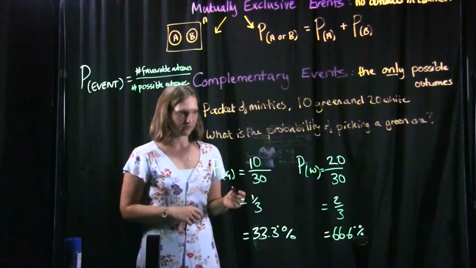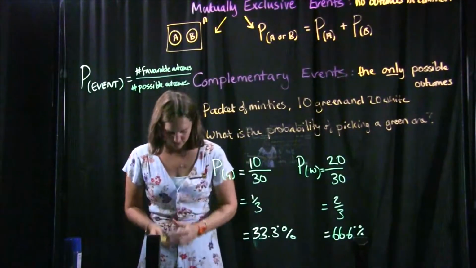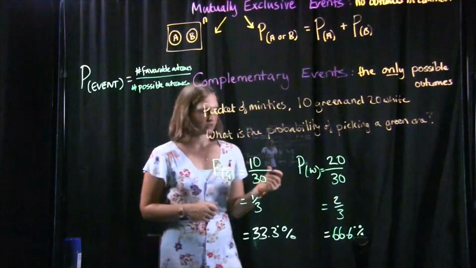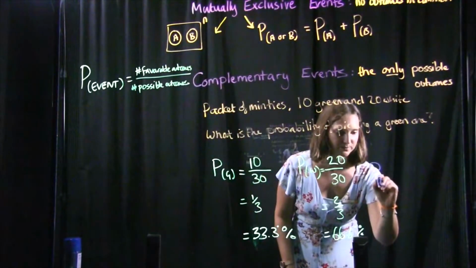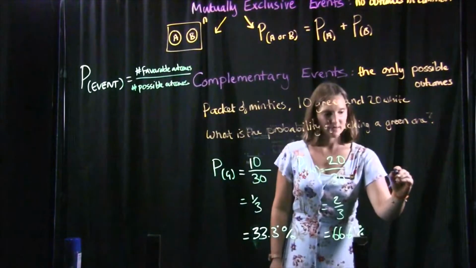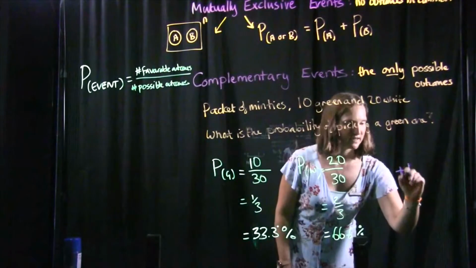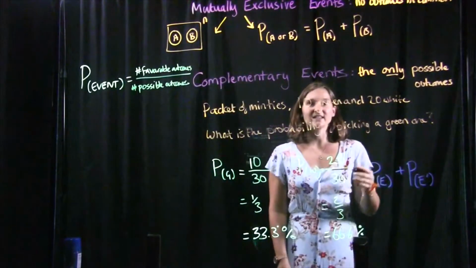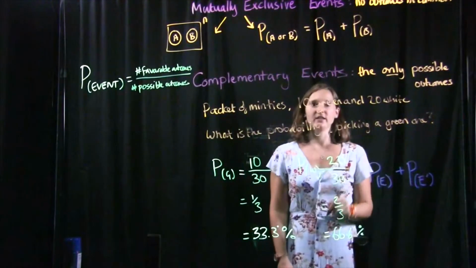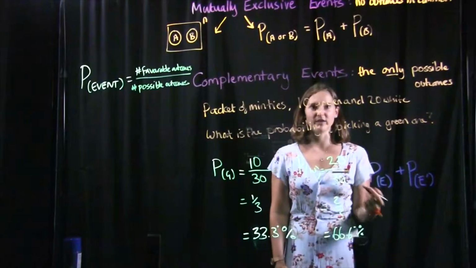So we can have a rule for this one. So we'll do the rule in a different colour so that you know to remember it. So our rule is P of the event plus the probability of E prime, and that is everything outside the favourable outcome of that event.